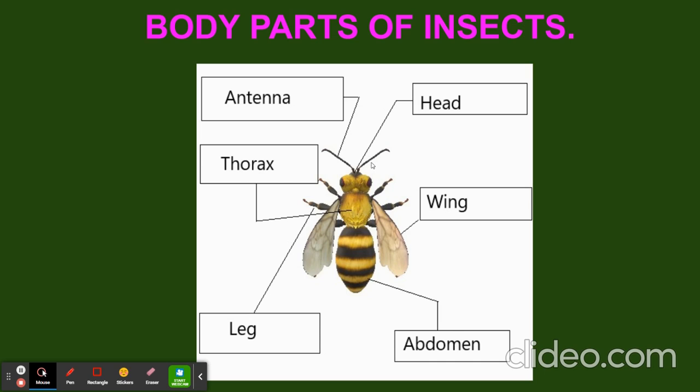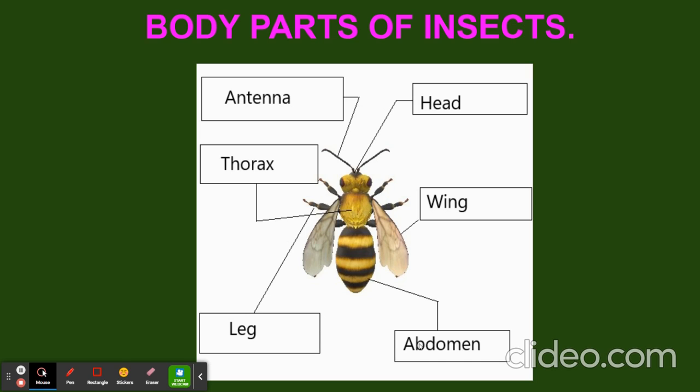Some insects have wings also. So if you see here, there is a pair of antennae, thorax, three pairs of legs, two eyes, wing, and this is the head, and this is the abdomen. So these are the body parts of insects.